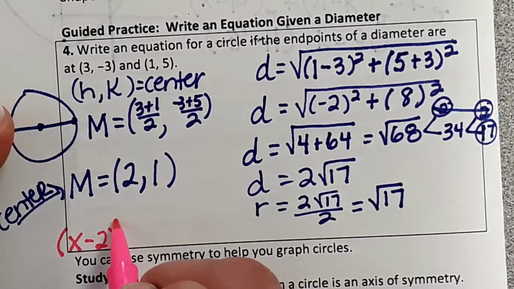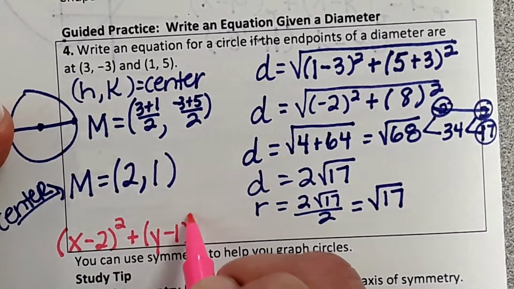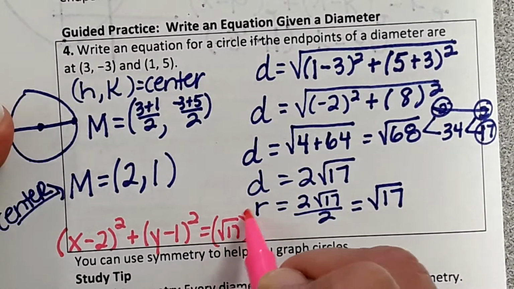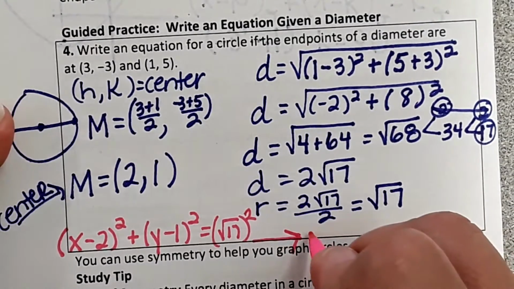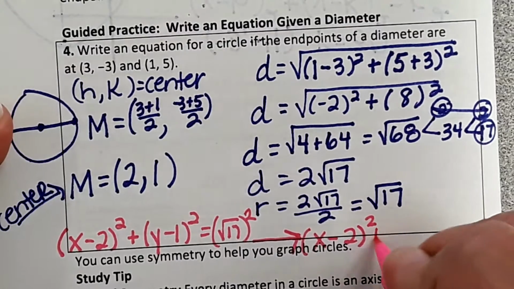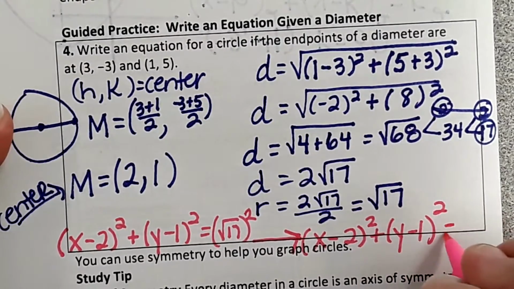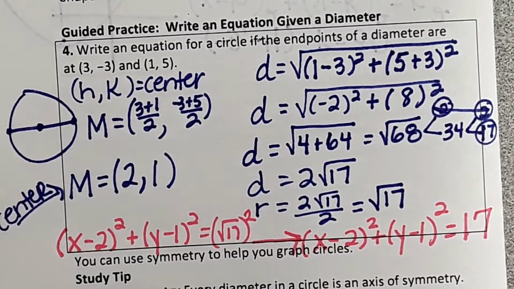So (x minus 2) squared plus (y minus 1) squared equals the square root of 17 squared, which my final answer is going to be (x minus 2) squared plus (y minus 1) squared equals 17. Anytime you square a square root, the square root sign comes off of it.